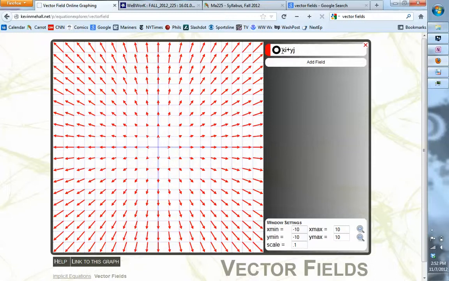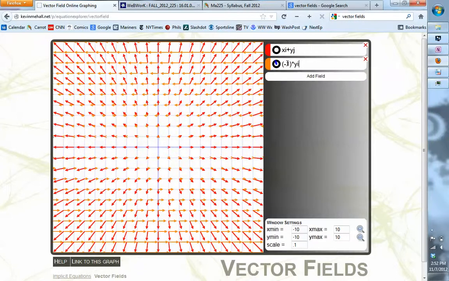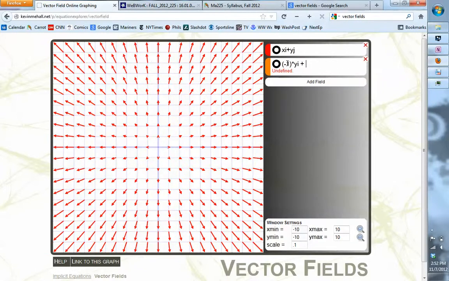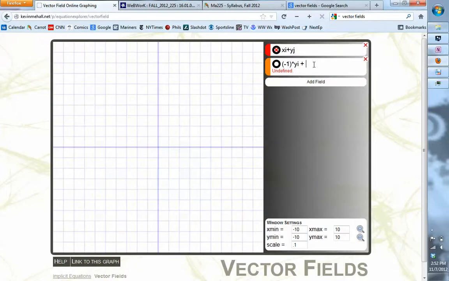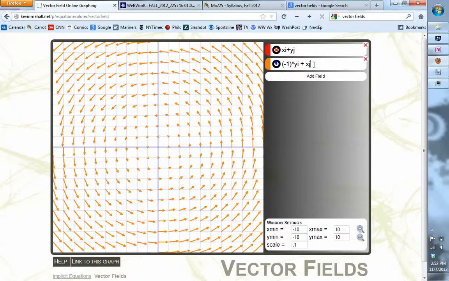That's the one that we just saw. The negative thing is a little weird on this, I noticed. And let me turn this guy off. All right, so there's a much better rendering of that second vector field that I was trying to do, and you can see this rotational flow around the origin.